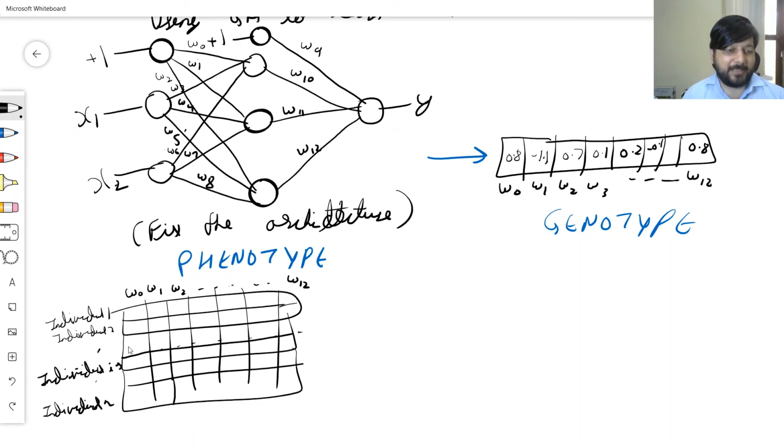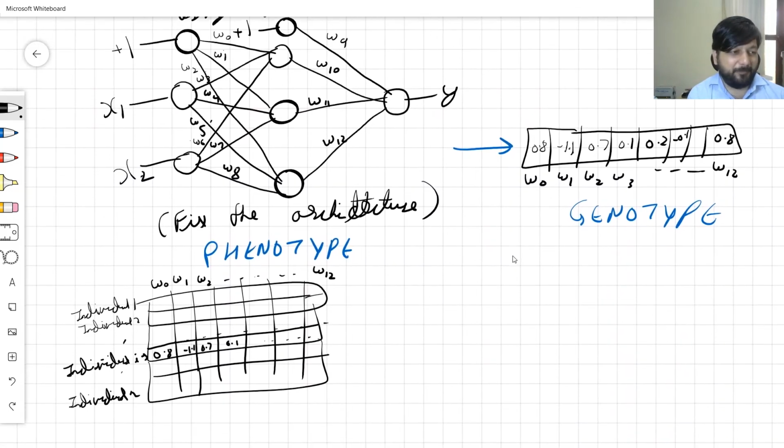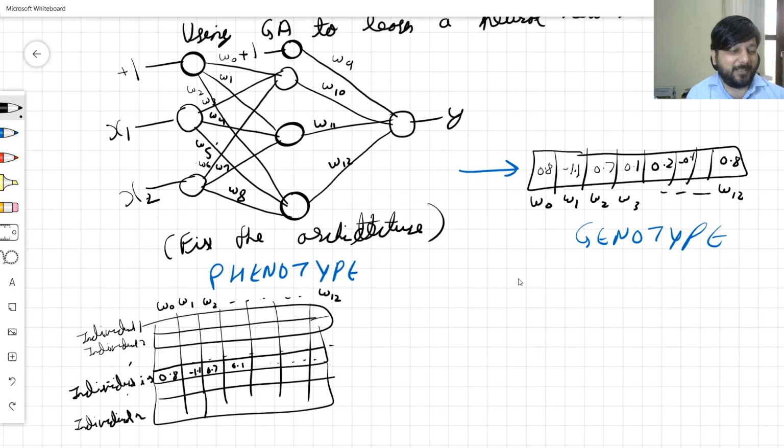So let's say this is individual I and the weights are, and so on. So what I do is I take whichever machine learning library I am using, and take exactly the same neural network. The architecture is fixed.